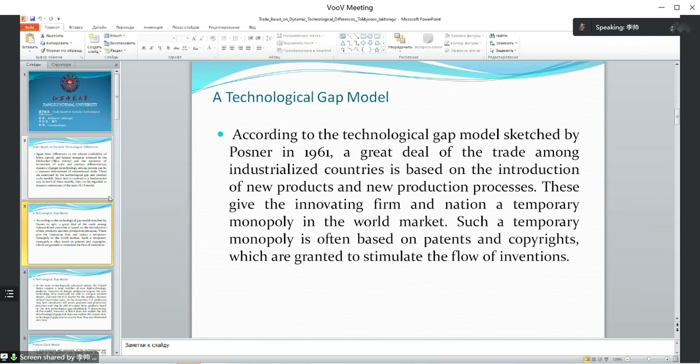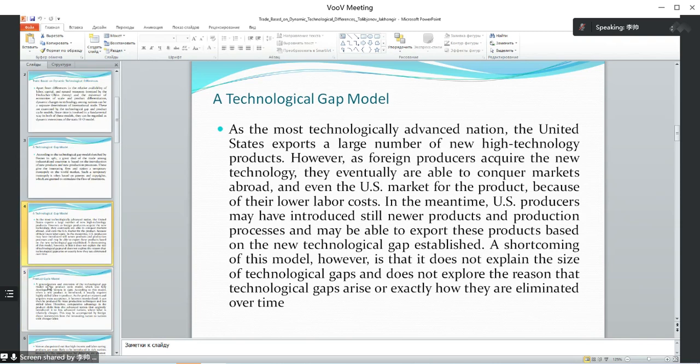Such a temporary monopoly is often based on patents and copyrights, which are granted to stimulate the flow of inventions. As the most technologically advanced nation, the United States exports a large number of new high-technology products.